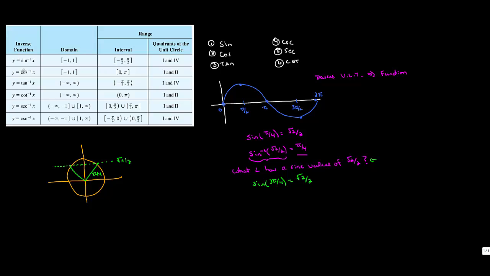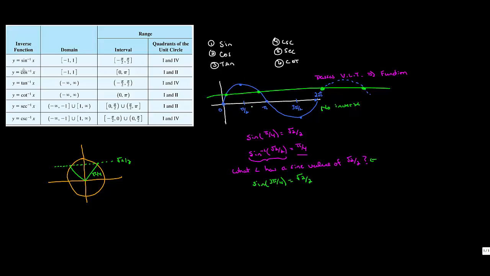Because now watch, if I go like this, I didn't even have to do that much. I'll already fail right here. But watch, if I draw a horizontal line, it fails a whole bunch of times, which means that the original sine curve has no inverse.